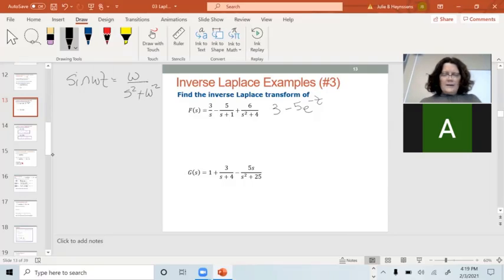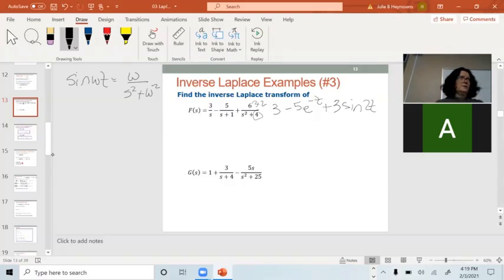Okay, so that's telling me my omega here is 2. So this is sine 2t. Now I need to have an omega on the top. So my omega was 2, so 6 is really 3 times 2. So this becomes 3 sine omega t.